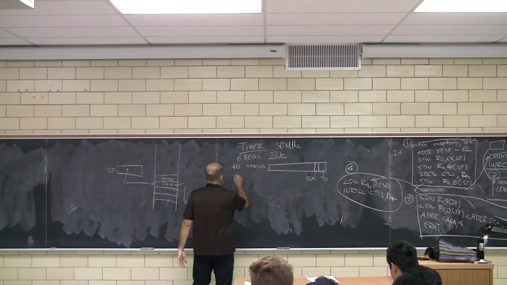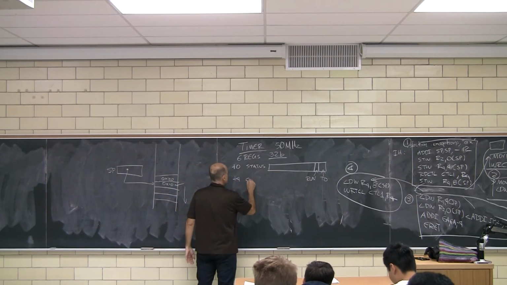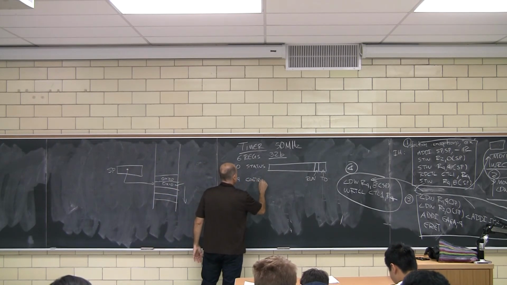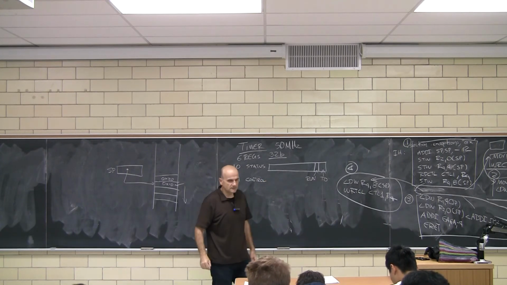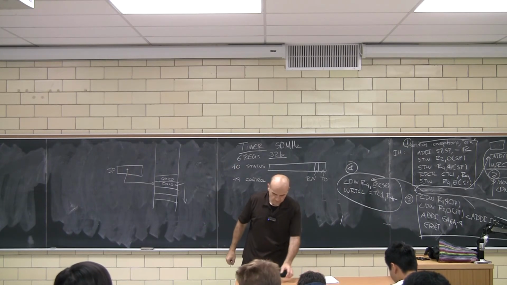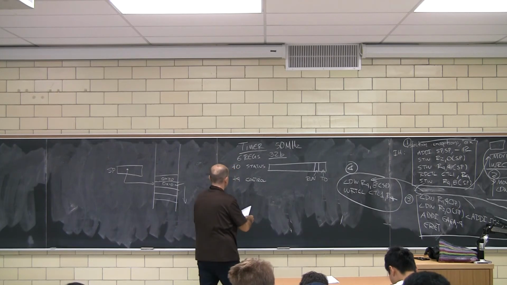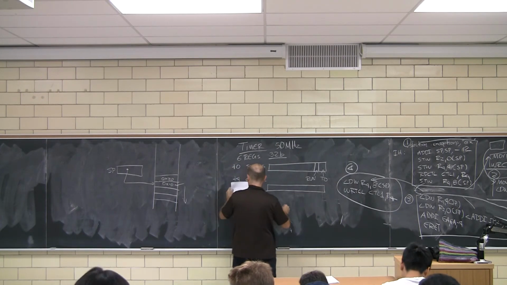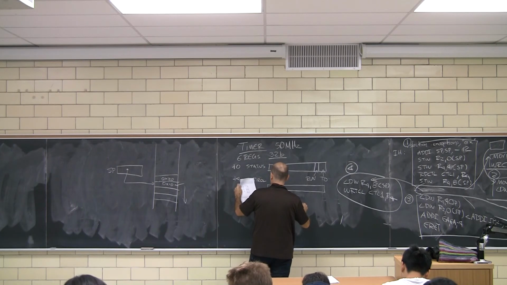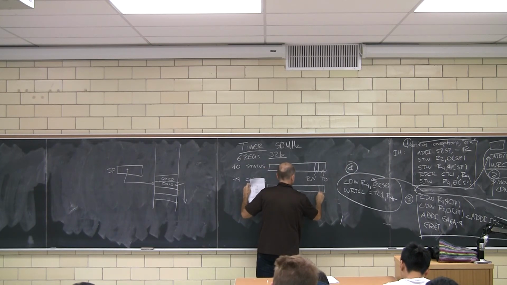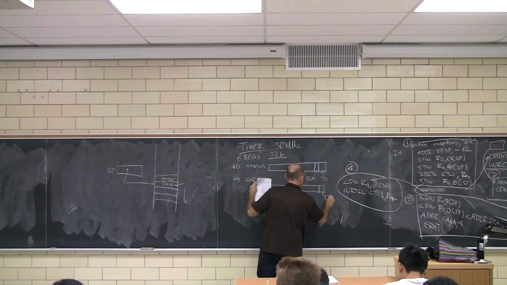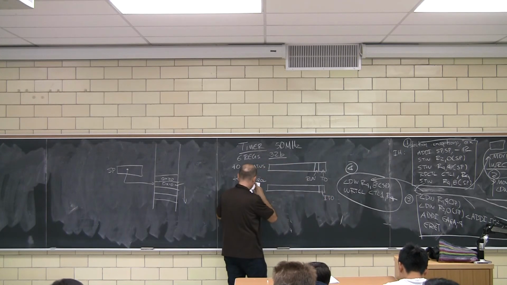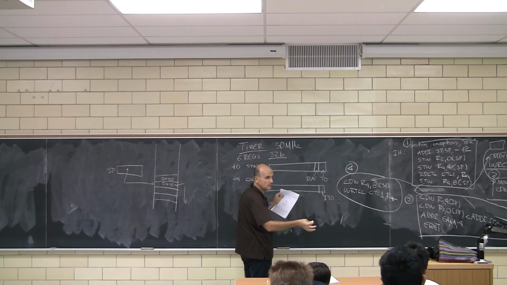Address plus 4 is the control register, and it has a bunch of stuff inside it. ITO, which stands for interrupt on timeout.